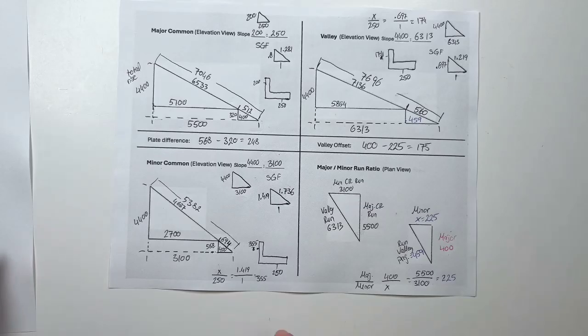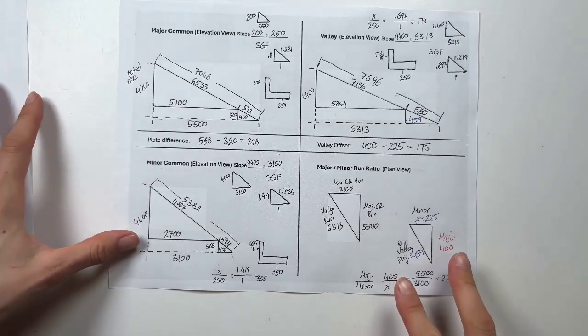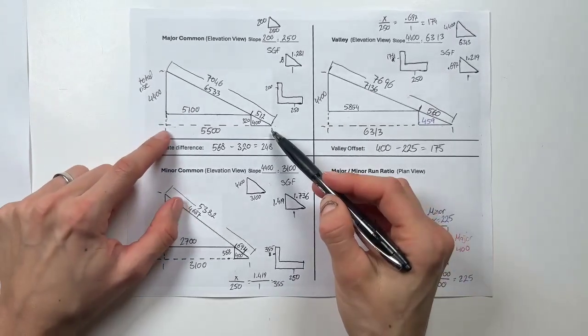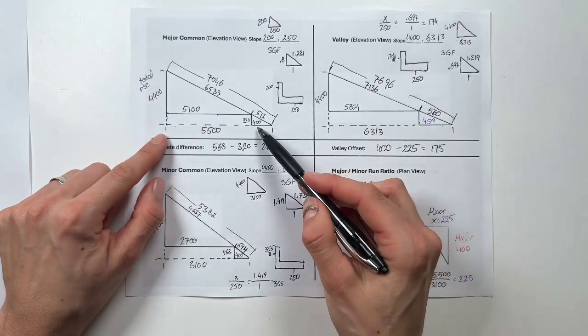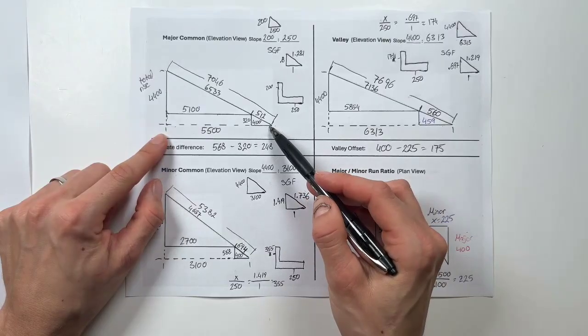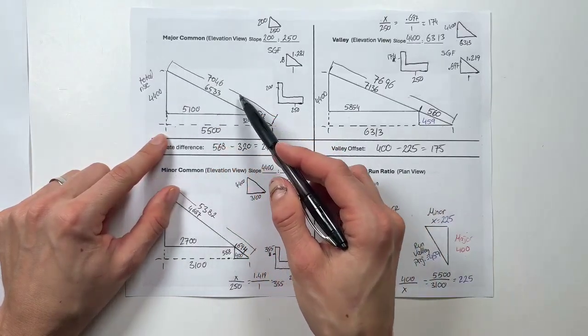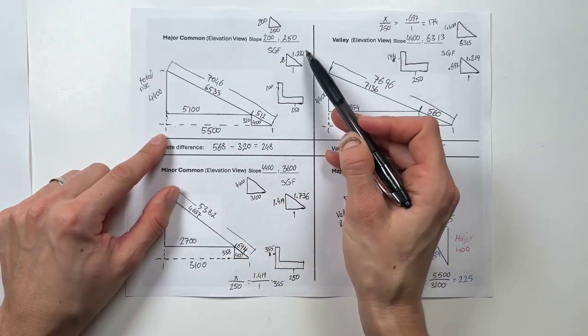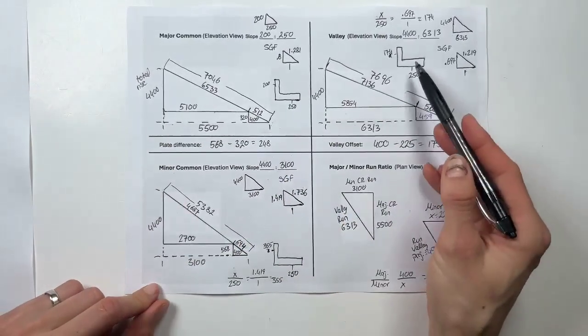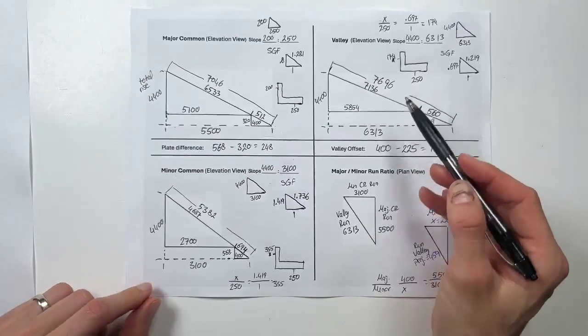Okay, quick recap. The total run of an unequal slope roof always includes the tail or that projection, right? And to find our total line length, we take our total run and we multiply by our slope gain factor. That is the same for all three rafters.